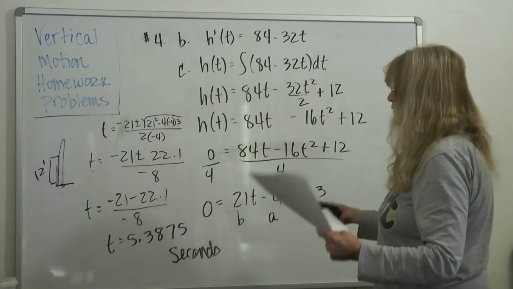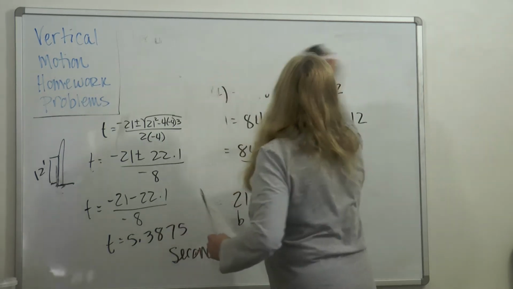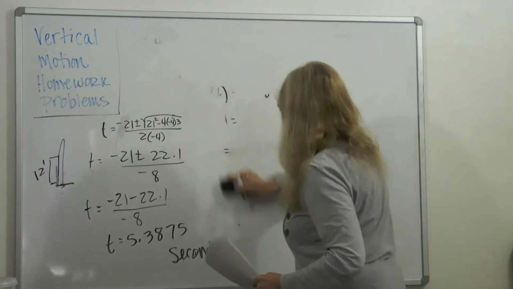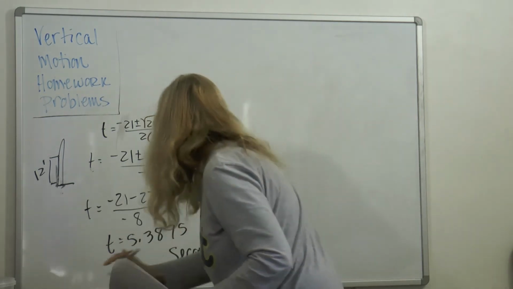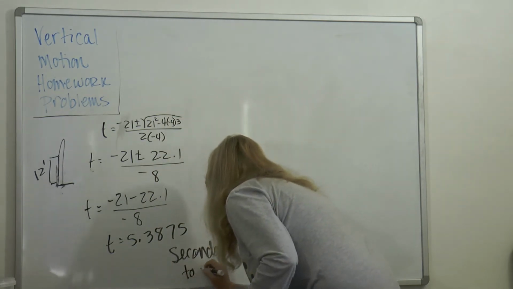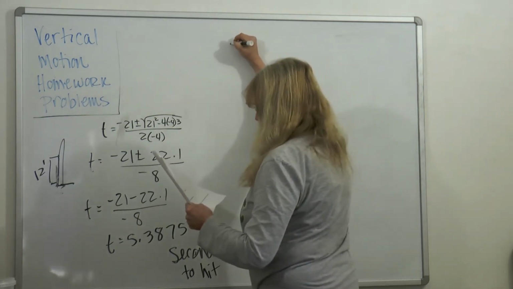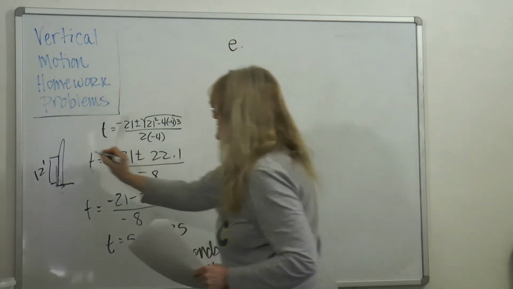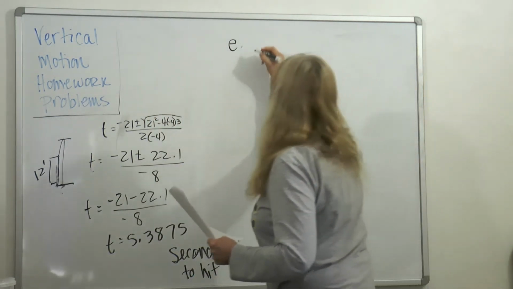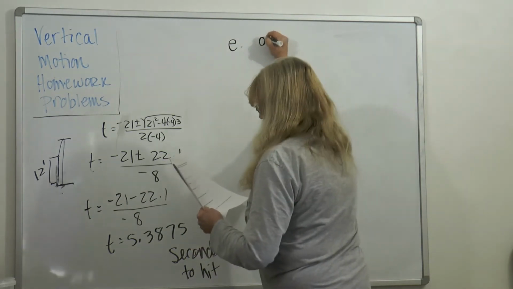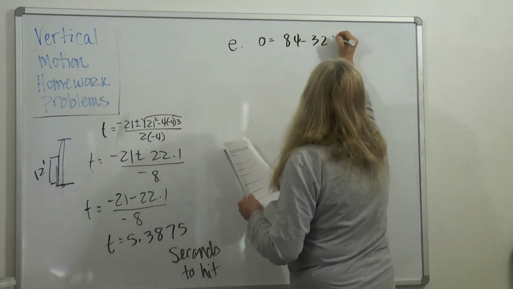Now, how long until it reaches its maximum height? It's going to reach its maximum height when the slope of the tangent line is 0. So that's when h prime is 0. So that's when 0 is equal to 84 minus 32t.